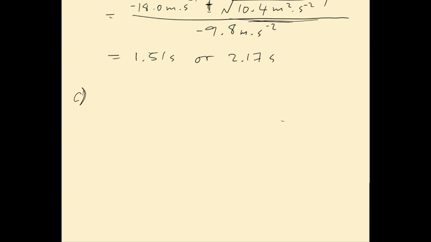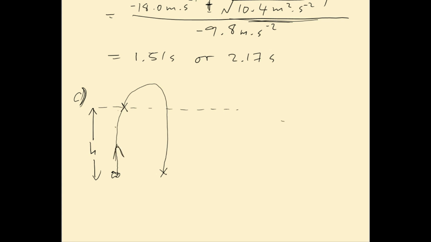So question C asks, why do we have two answers? The reason is the stone started at the bottom, went all the way to reach the top, and came down again and crashed. If 16 is the height in question, the stone reaches this point.